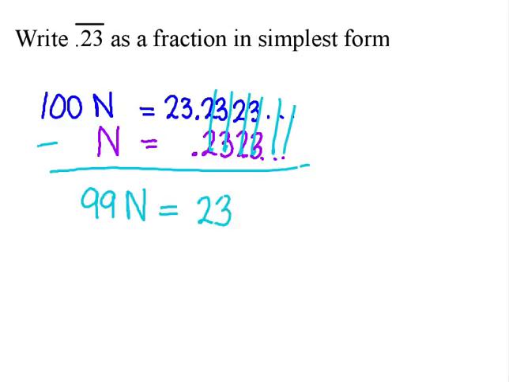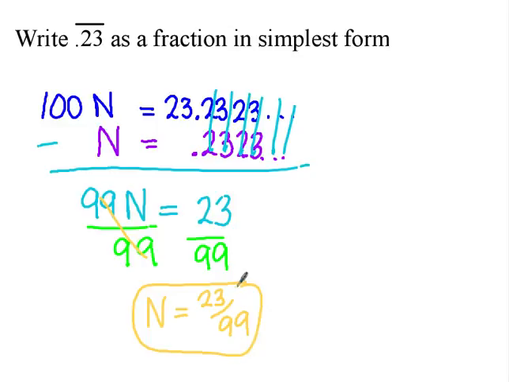So my solution will be, right, I'm going to divide by 99. And so my final solution, because my 99s will cancel here, is going to be 23 over 99. Can I reduce that down any? Because 23 is prime. So there you go.